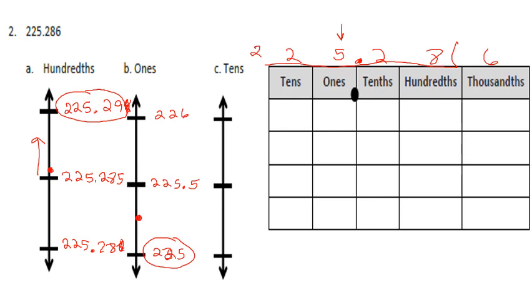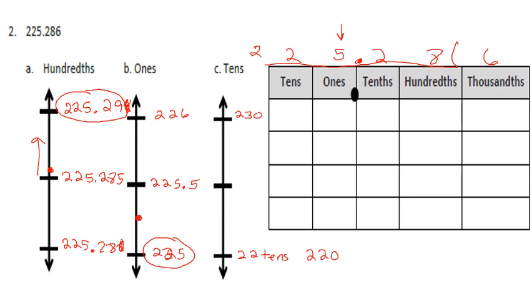Our last one says tens. If I look at tens, I like reading it in unit form because some students have a hard time with this. If I said I had 22 tens, that would be the same thing as saying I have 220. Now one more 10 would be 23 tens, so 23 tens would be 230.